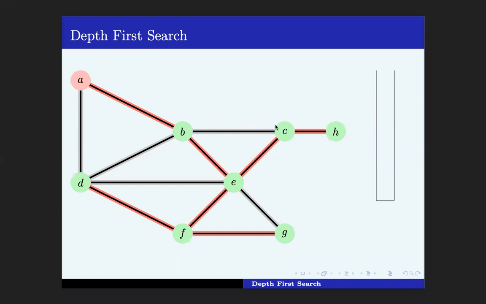At the same time, when I was at D, I also visited B and found that B is marked, so nothing to be done. So the same vertex is visited many times, and the edges involved are the edges in some spanning tree of the graph.